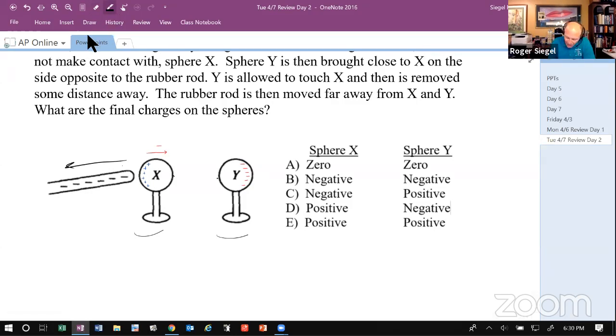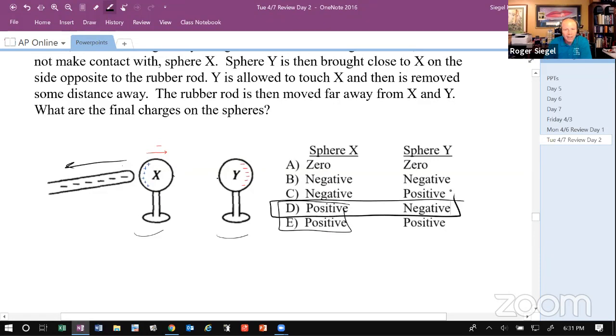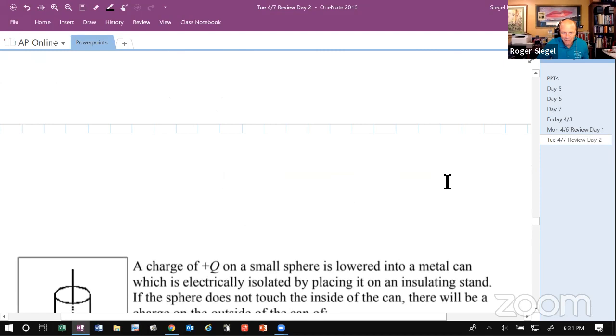We can see that X is positive, so it's one of these two, and Y is negative, which means it has to be that one. Again, thinking about what the charges are doing and what's causing them to do that, that's what we want to leave you with. We expect a lot of conceptual questions on your AP exam this year.